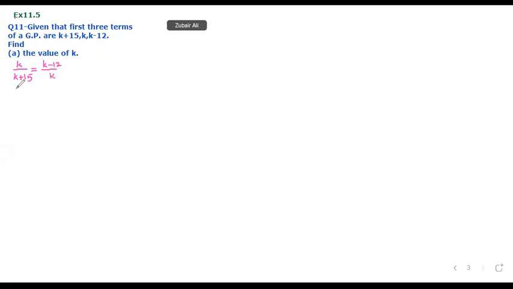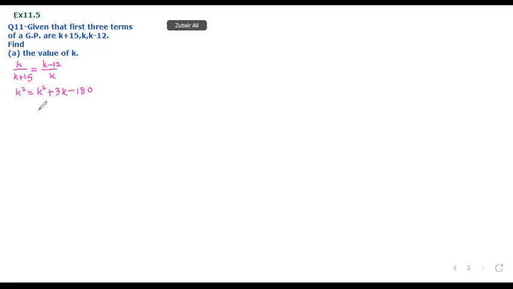So this will become k square is equal to k square minus 12k plus 15k minus 15 multiplied by 12, which will become 180.